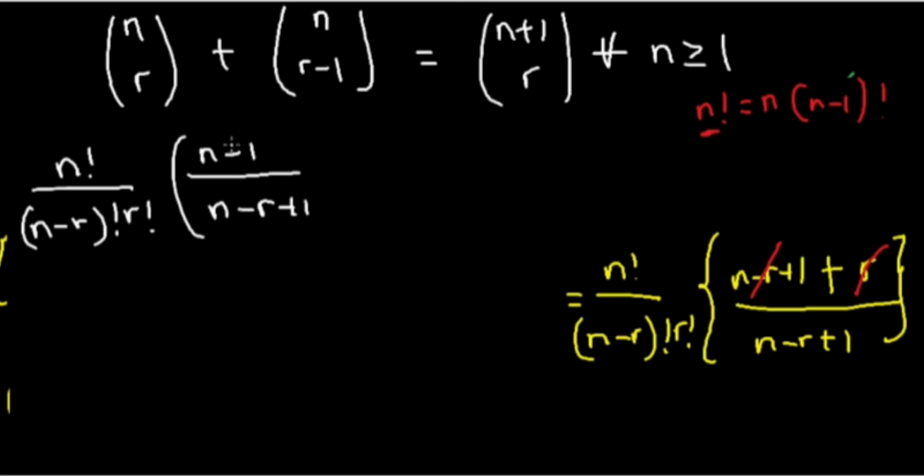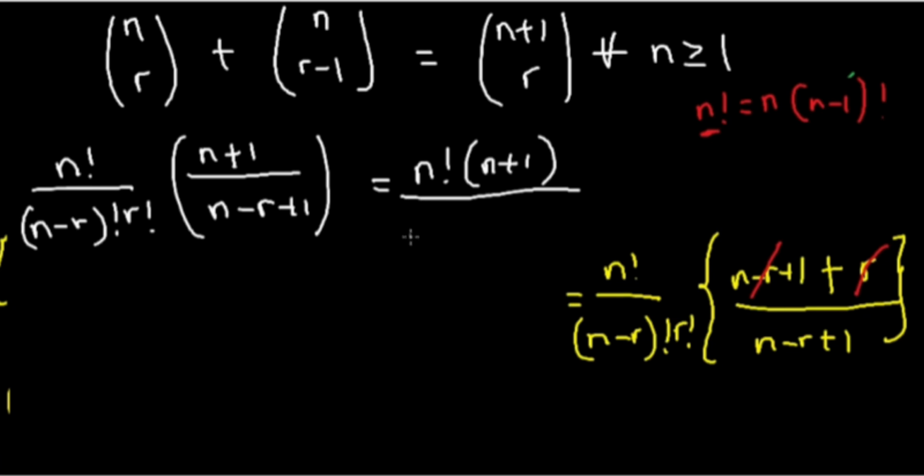So we have times N plus 1. Then that's how we have here. And this is equal to N factorial N plus 1 over N minus R plus 1 into N minus R factorial.